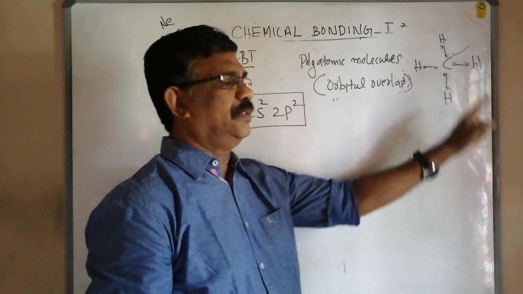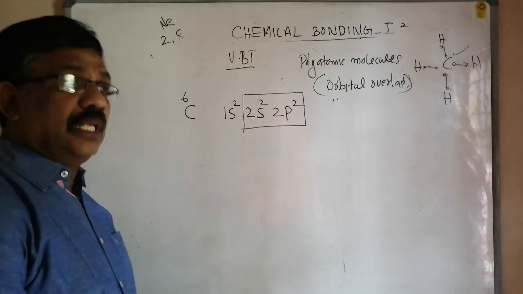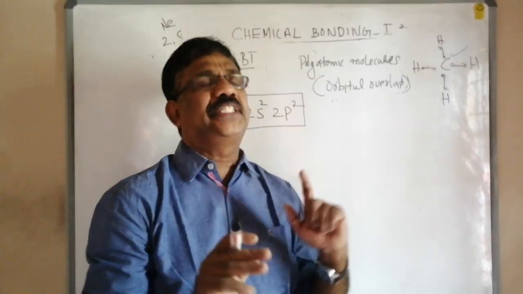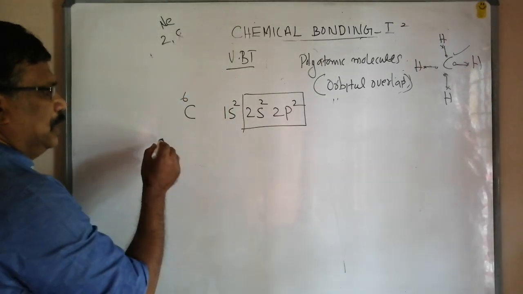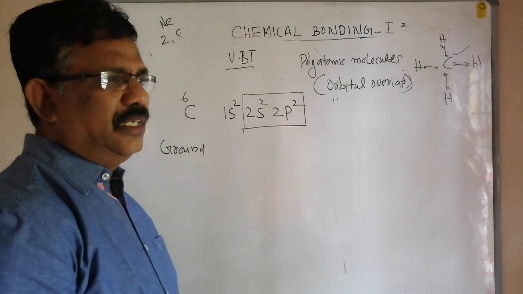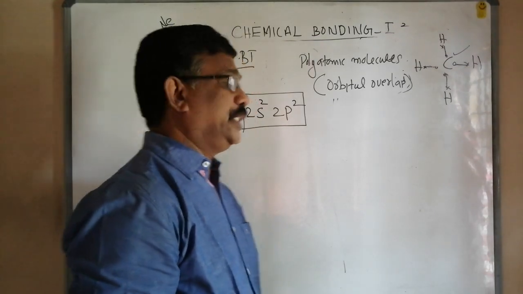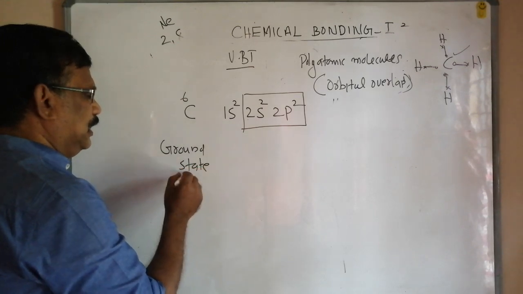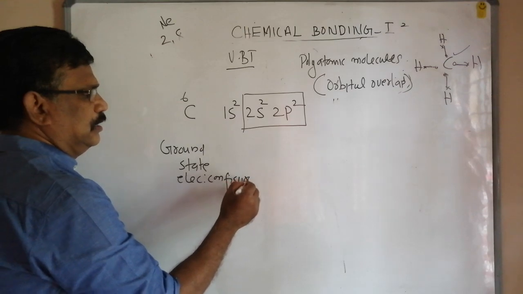This electronic configuration is called the ground state electronic configuration, meaning before the approach of the H atom. Before supplying energy, the H atom has not approached and carbon is in the ground state.